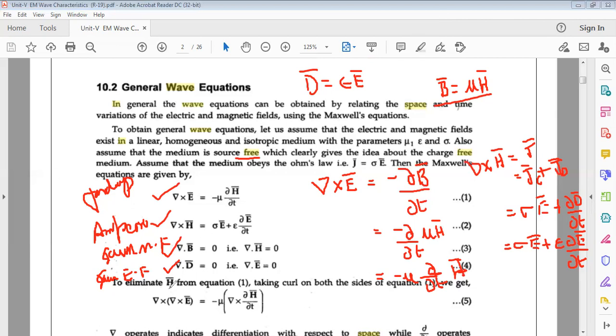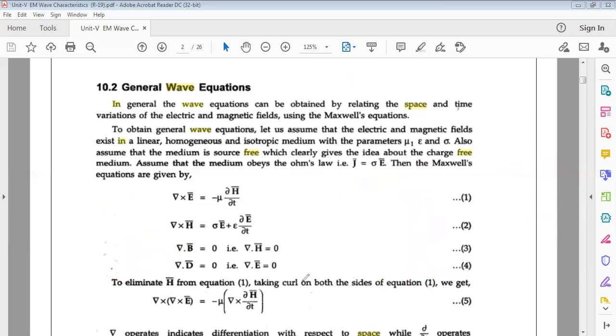Then, to eliminate H bar from equation 1, take the curl on both sides of the first equation.